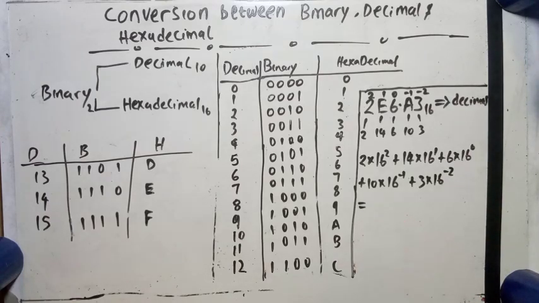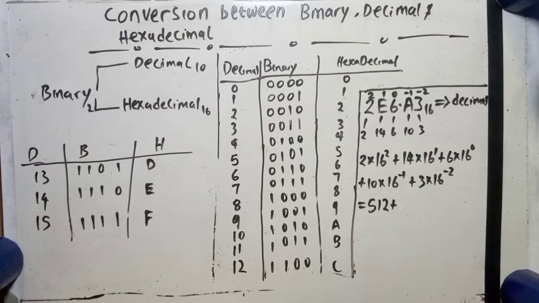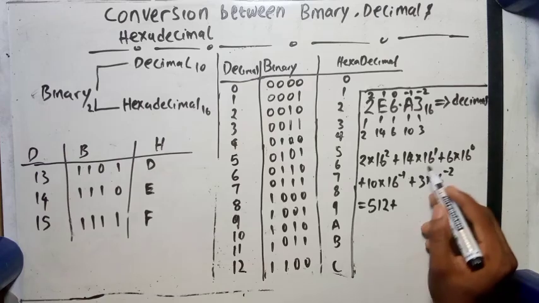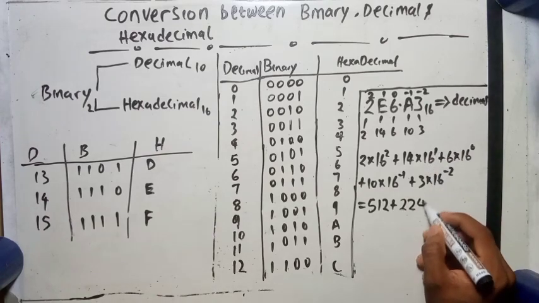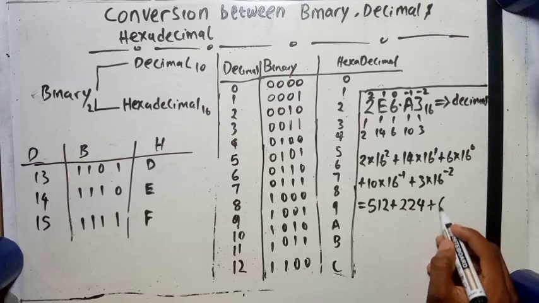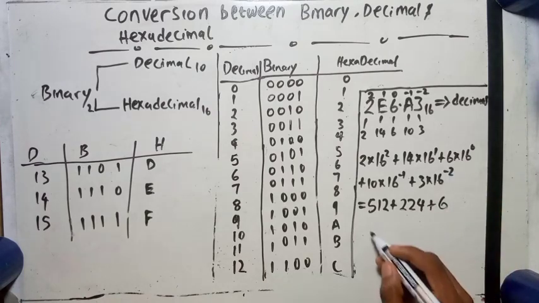Now we can then solve. 2 times 16 raised to power 2 is 512, plus 14 times 16, which is 16 raised to power 1, so it's still 16, gives us 224. Over here we have 6, since 16 raised to power 0 is 1, so 1 times 6 is 6.